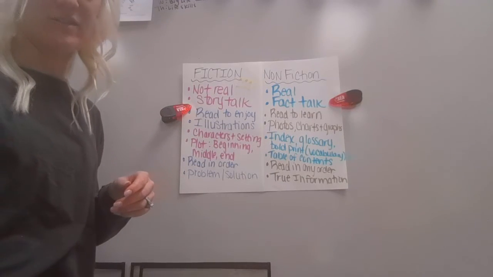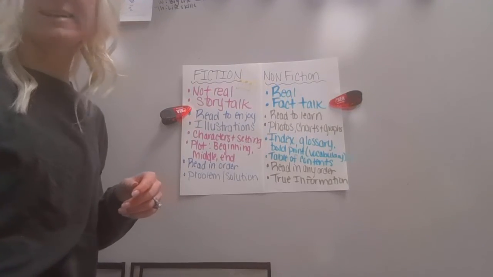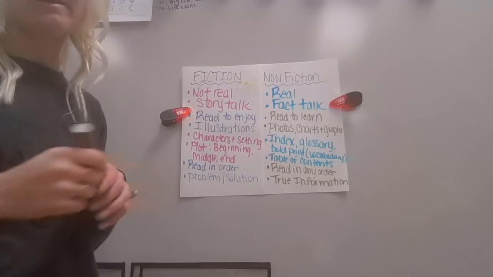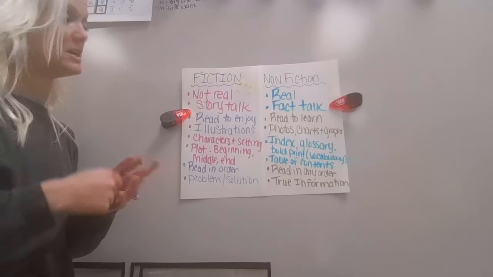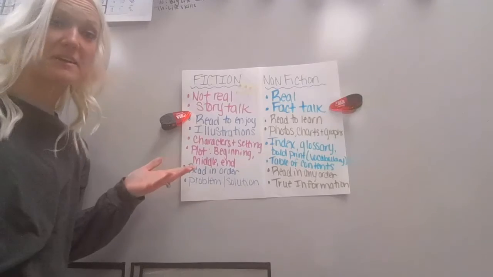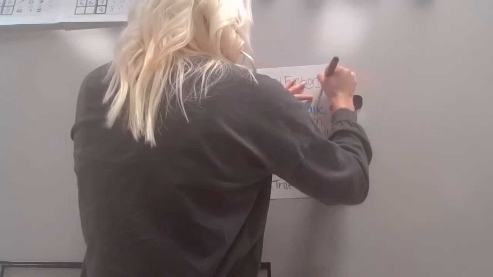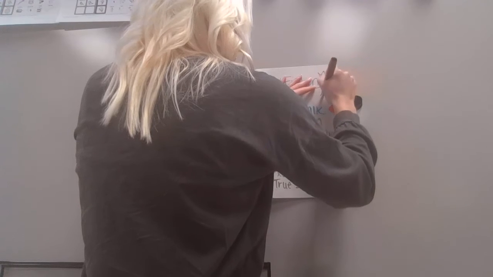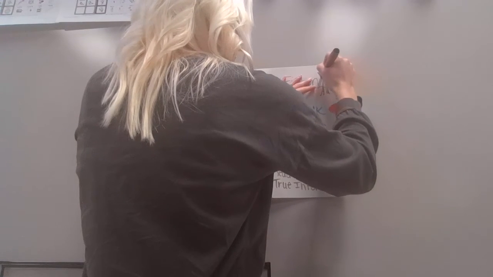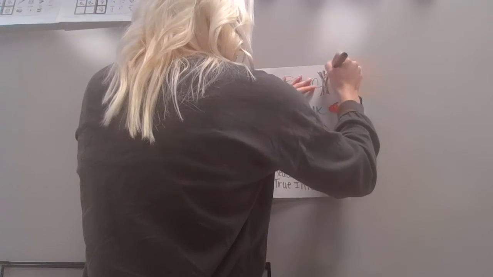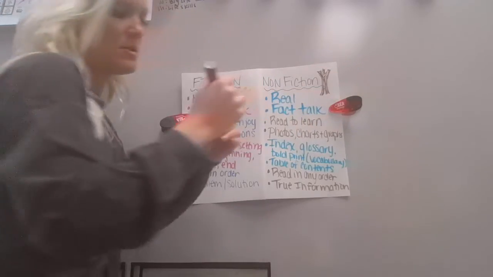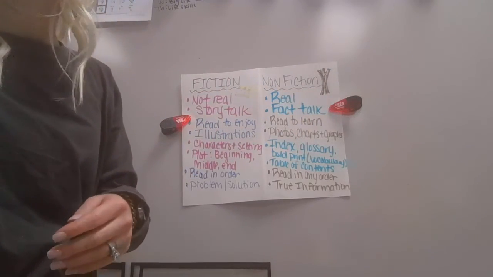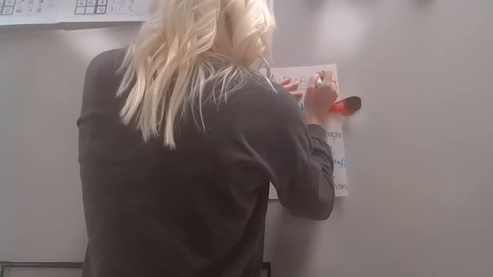And then when we have real facts, maybe let's put a tree or the clouds, kind of like for our weather. So when we have real facts, I'm going to put a tree because a tree is real.